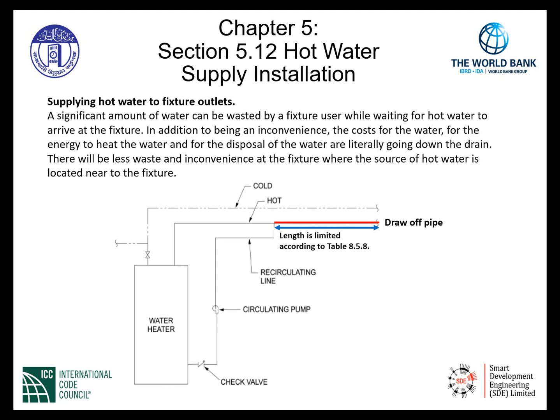The hot water coming from the top of the water heater goes horizontally to the draw-off pipe. It is then tapped in before it comes down to the recirculating line, back through the circulating pump, and continues the pumping throughout that local hot water loop.